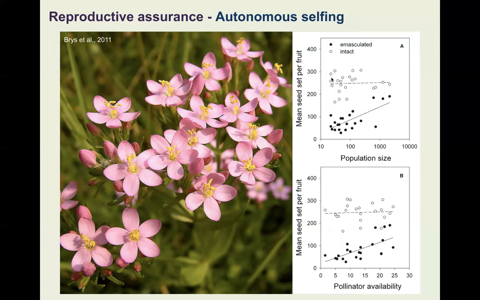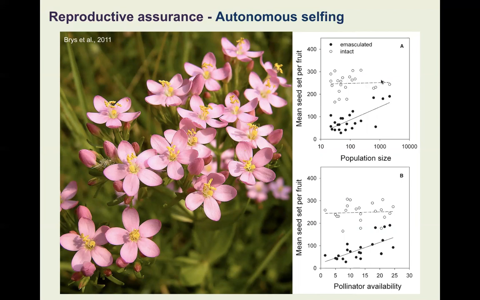In an intact population, with populations ranging from about 20 individuals up to 2,000 individuals, those populations have roughly the same seed set per fruit, regardless of population size. A few plants growing together produce about 250 seeds per fruit. 1,000 plants growing together produce about 250 seeds per fruit.